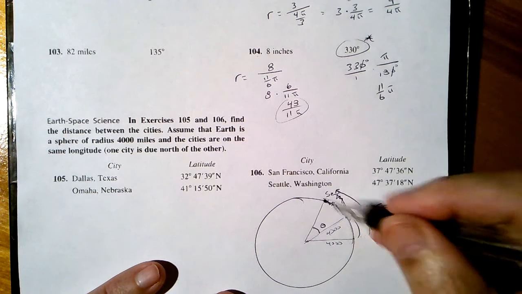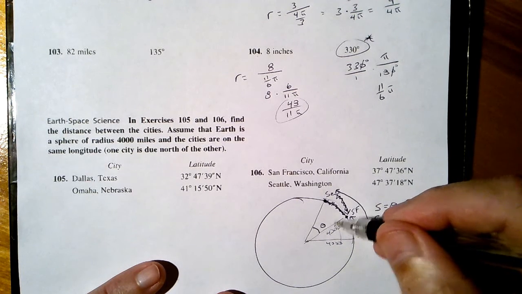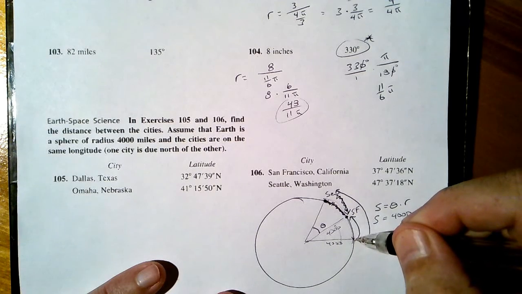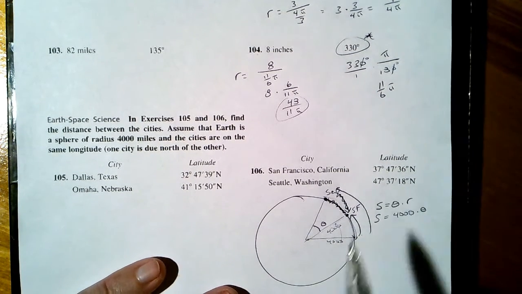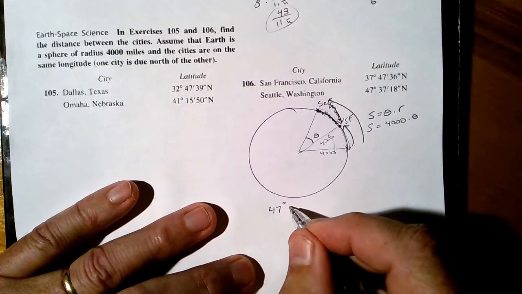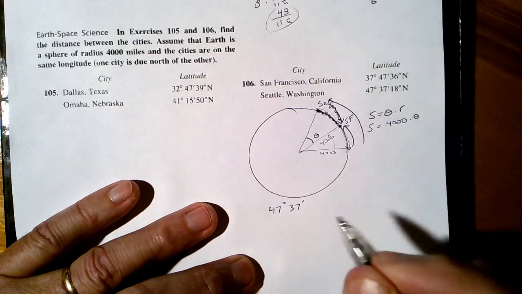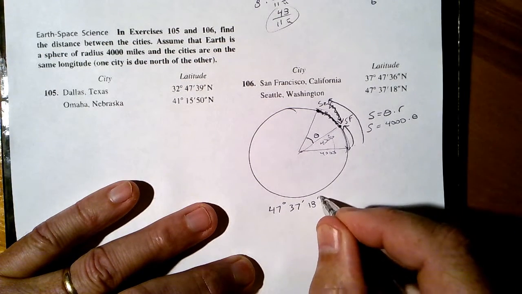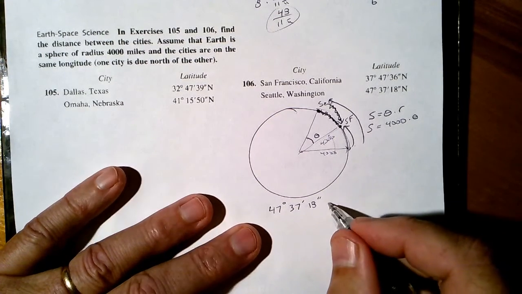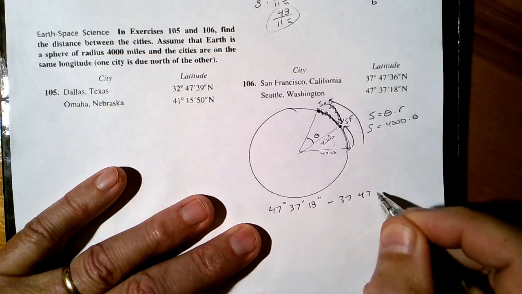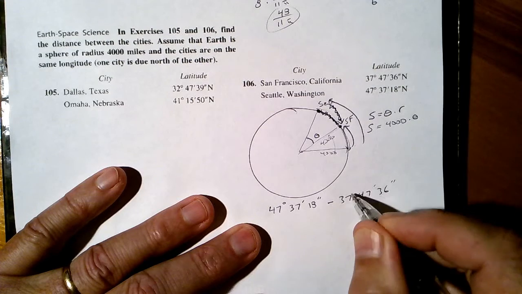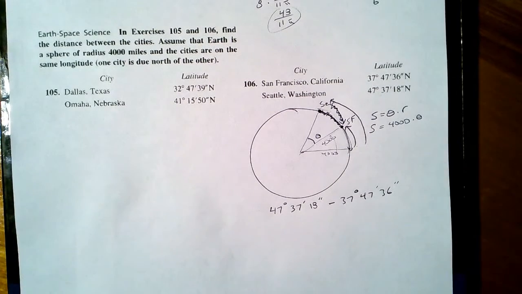I take this angle, take away that angle, and I've got it. So I want the big angle, I want 47 degrees, 37 minutes, 18 seconds, minus 37, 47, 36. I need to figure that one out. I'm going to let my calculator do that for me.